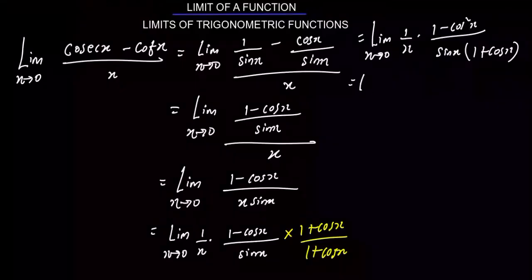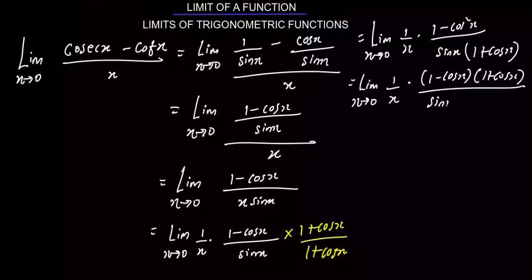So I can write this as limit as x tends to 0, 1 over x, then 1 minus cos x, 1 plus cos x, over sine x, 1 plus cos x. Therefore, this will cancel this. If it's cancelled out, what will be the next step?